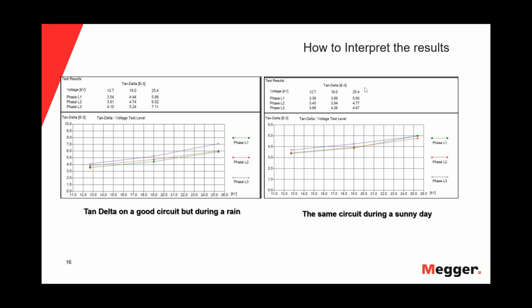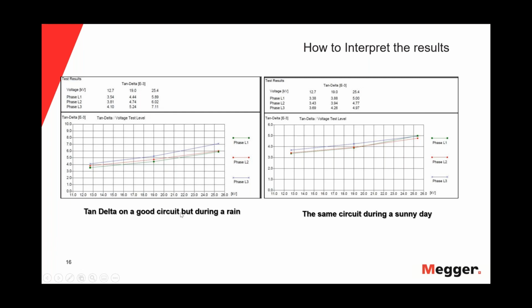Then you see the same exact cable on the sunny day, same voltage range, 12.7, 19, 25.4. Phase 1, 338, 388, 500 as compared to 589 in the rain. Phase 2, 343, 394, 477 as opposed to 602 in the rain. And then phase 3, 369, 426, 497 as compared to 711 in the rain.